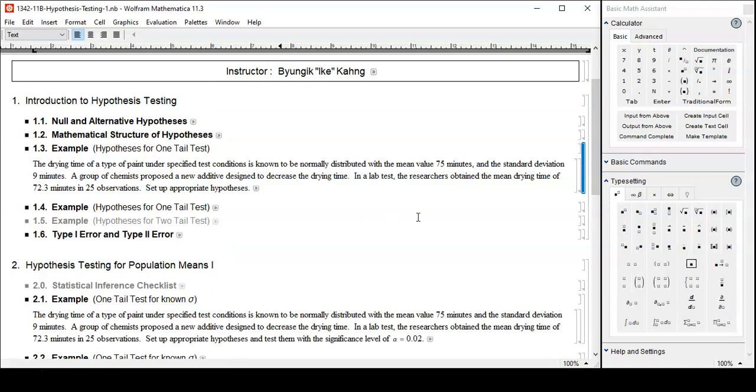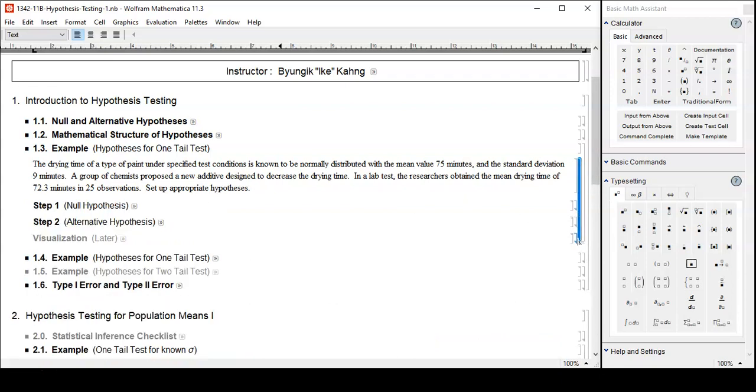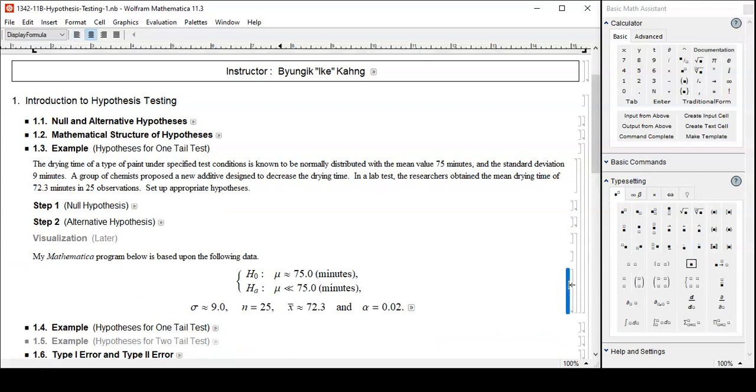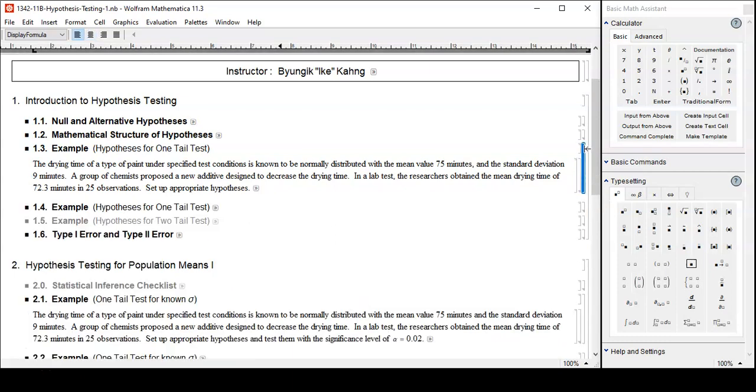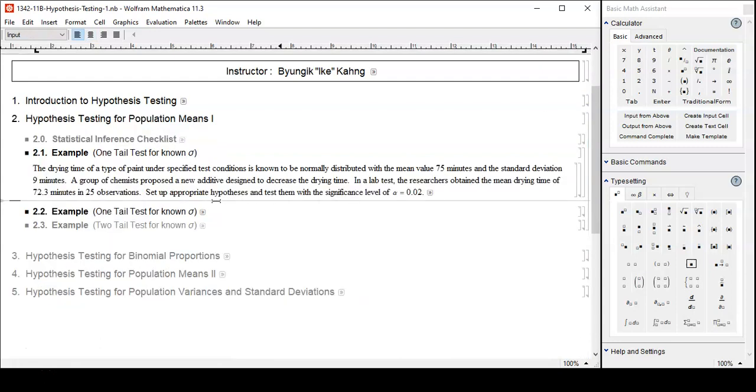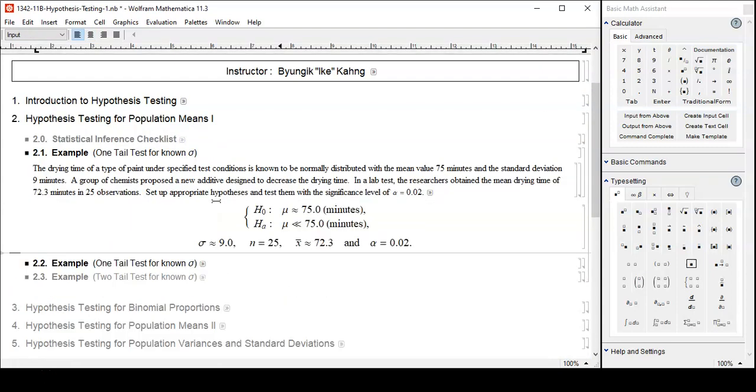We went through this before, so let's set up appropriate hypothesis as we did before, and that's right here. Let's copy and paste that. I guess it's okay to do this because we went through this already.